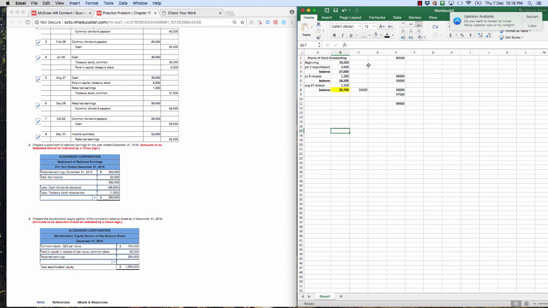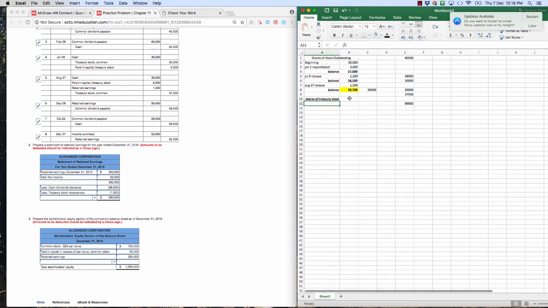And we purchased 3,000, we reissued 1,200, we reissued 1,500, so there's 300 left. Shares of treasury stock is just going to be equal to the amount that used to be outstanding minus the amount that's outstanding now, right? So 300 is what we own.